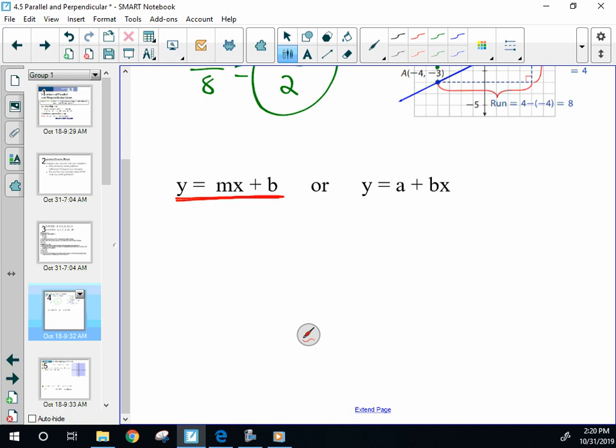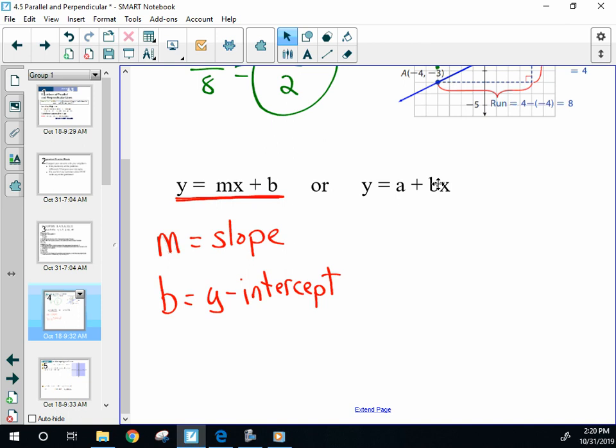You see right here that I've underlined it. In this equation, m represents the slope, and b represents the y-intercept. That's your traditional slope-intercept equation.